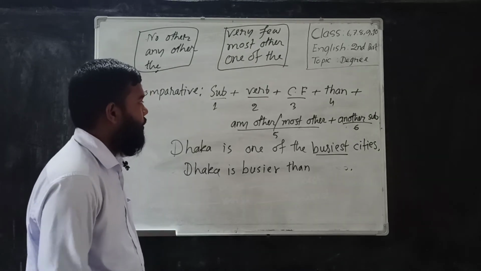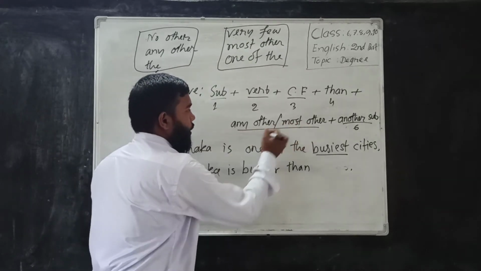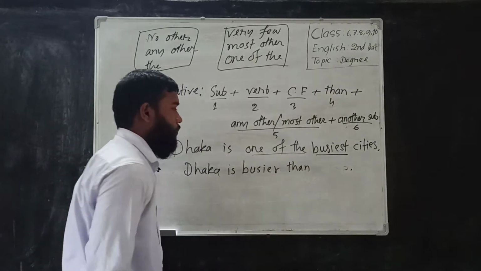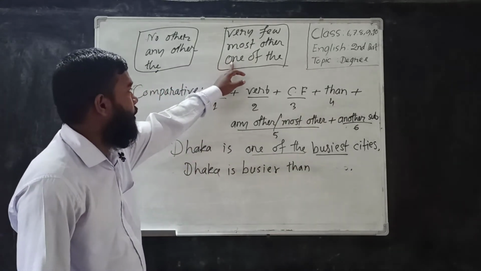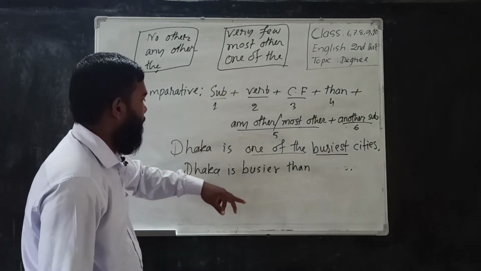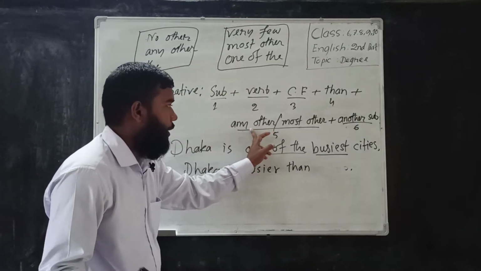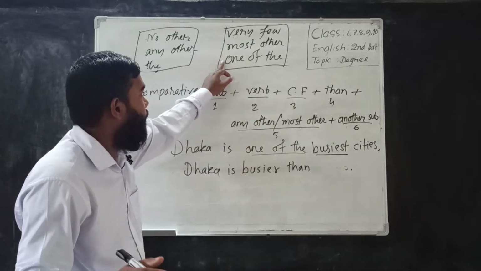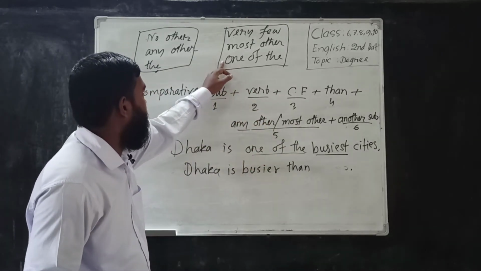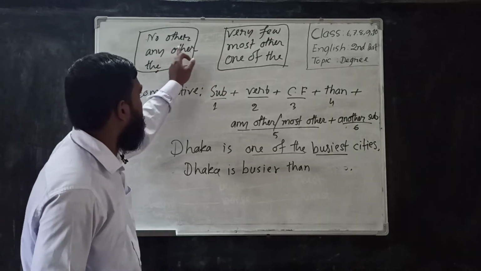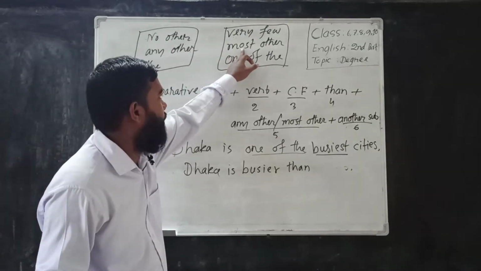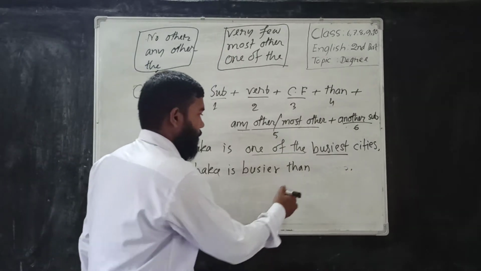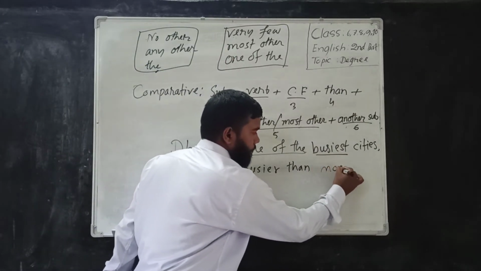What should we take? Is there any symbol here? Yeah, one of the. It's from this group. As we find this phrase, from this group we have to take most other.